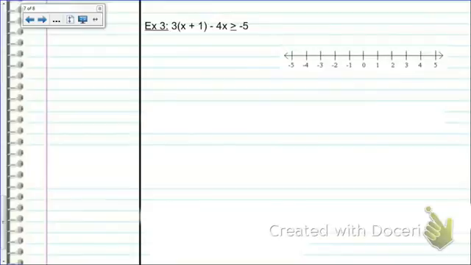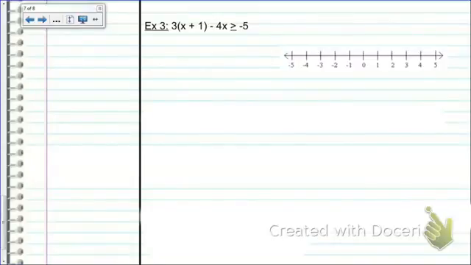So number 3, 3 times the quantity of x plus 1 minus 4x is greater than or equal to negative 5. Okay. What would you do first?